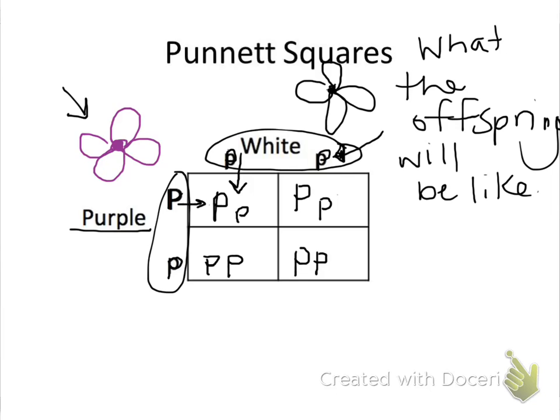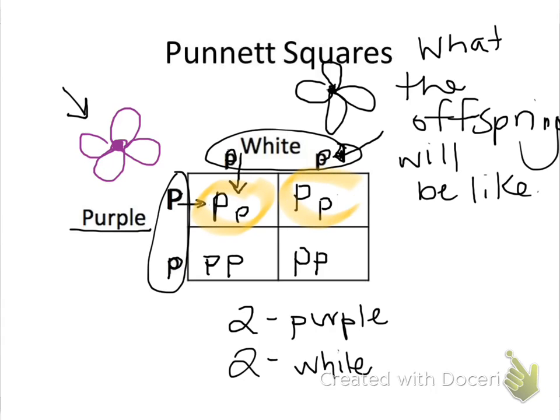This means that if they had 4 offspring, it's likely that 2 will be purple and 2 will be white. How do I know that? I know that because up here we have 2, this one and this one. Those 2 have a dominant gene in them.